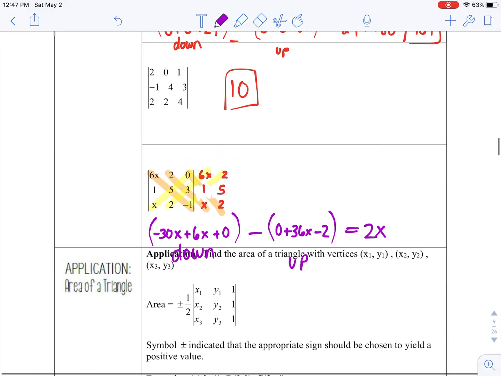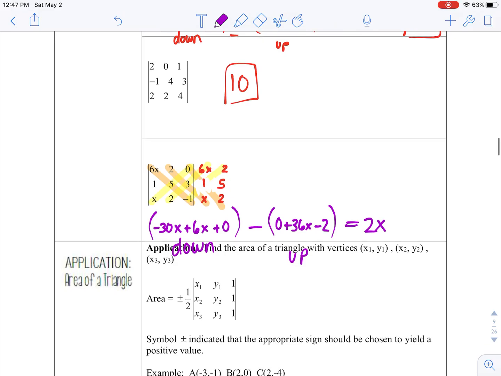All right, let's do a little simplifying, see what this turns out to be. So negative 30x plus 6x is negative 24x. Then we're going to minus, and make sure, think of it as like distributing that negative sign. So minus 36x and then plus 2 equals our 2x.